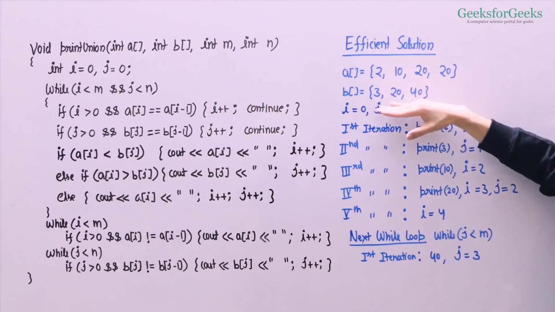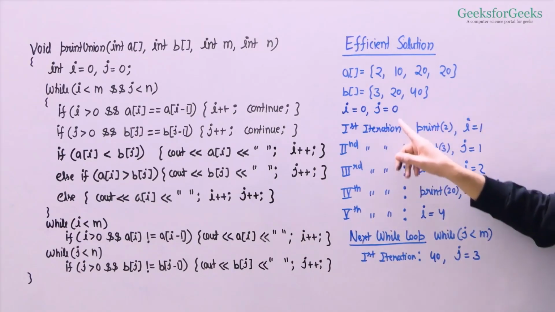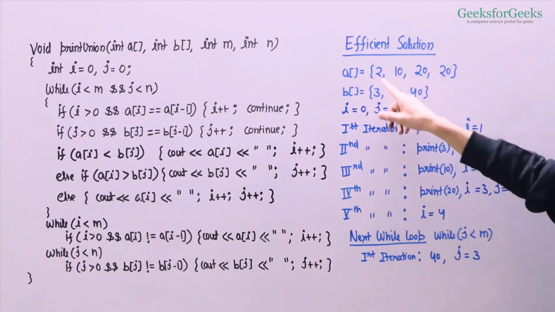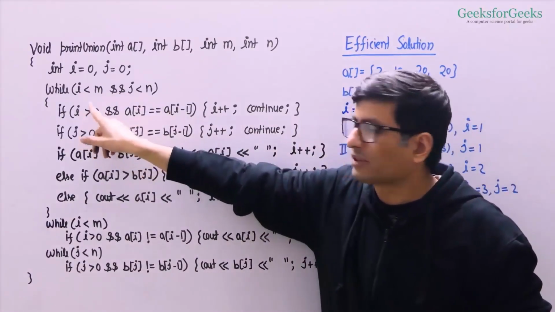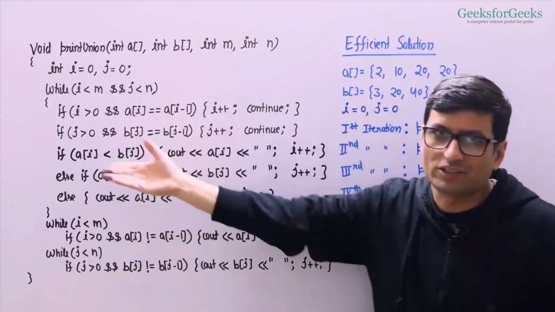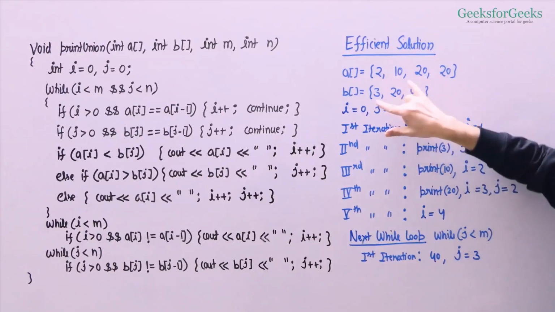We have A as this, B as this, I is 0, and J also is 0. In the first iteration, what will happen? These two elements will be compared, right? We will not go inside here because I is 0 and J is also 0. So we'll print 2 on the screen and then we'll make I equal to 1. So now we are here and here.